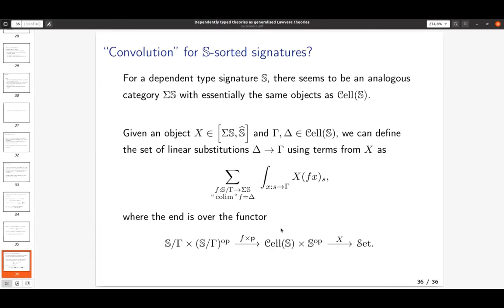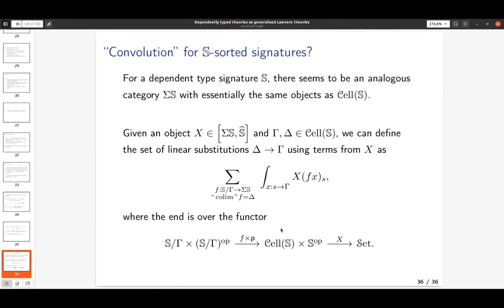It seems as though there is a category. I don't want to say things that are wrong, but it would seem that there is a category sigma S for any dependent type signatures, and a kind of convolution operation, which instead of using finite lists or finite coproducts, if you like, uses a kind of finite colimit or a formal finite cell complex.